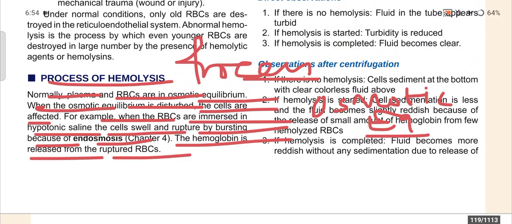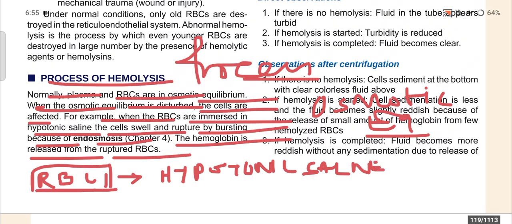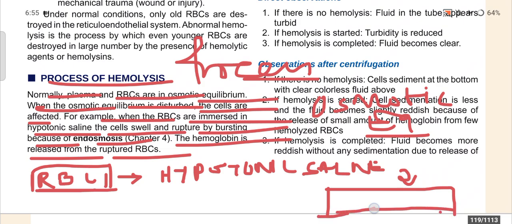So if you take an example, when the RBC is put into the hypotonic saline, then what will happen? The RBC will swell up, and it will rupture.